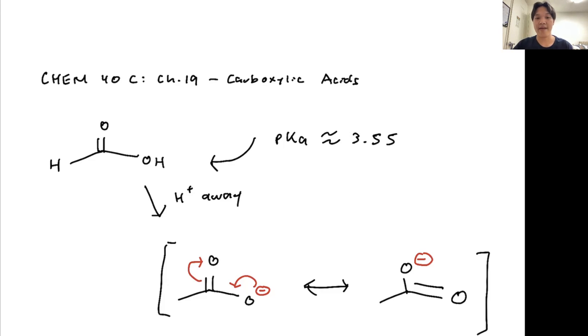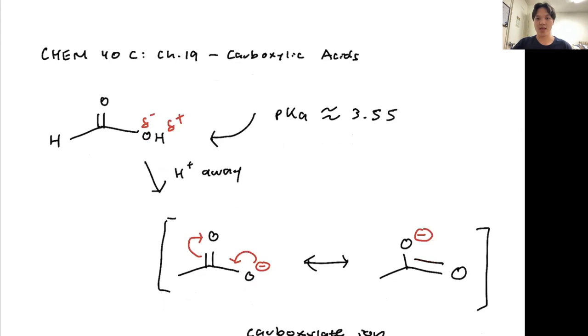And acids have an acidic proton in the form of an H. And in this case, the H will be the one that is attached to this oxygen because, as you know, it's a dipole moment. Oxygen is way more electronegative than H, which means H has a delta positive, right? And we can denote that here, delta positive and delta negative.